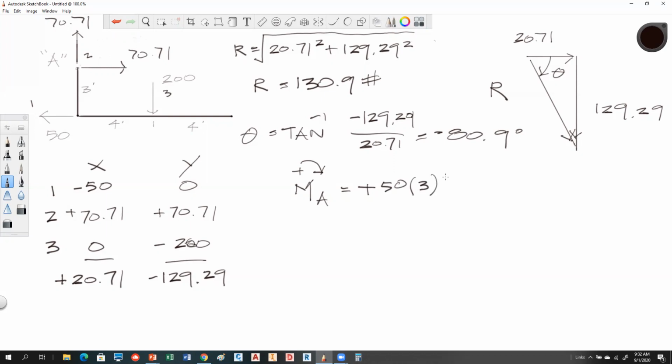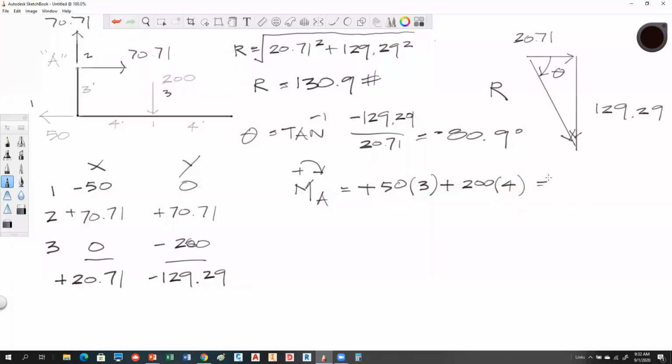So if I look at this guy, he's 3 feet, perpendicularly measured to the 50 pounds, and that rotation is tending to turn it clockwise. So we're going to have a positive rotation of 50 times 3. Then this distance is 4 over to vector 3, which is 200 pounds. That's also a positive rotation, 200 pounds times 4 feet.